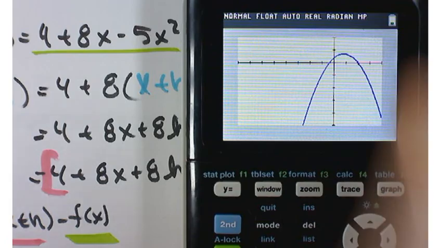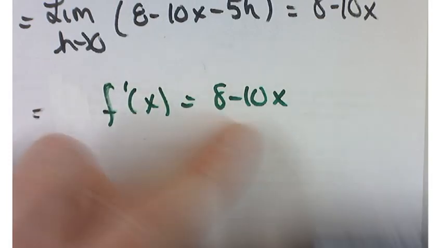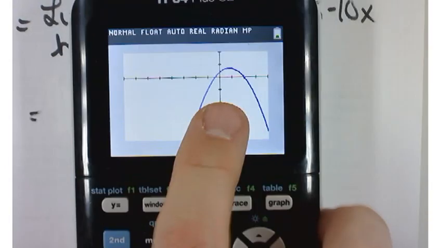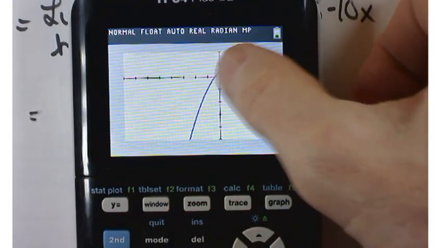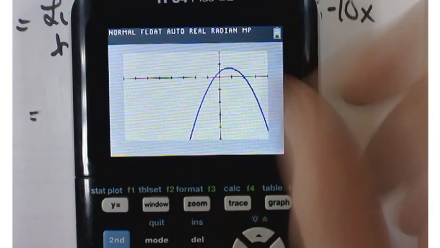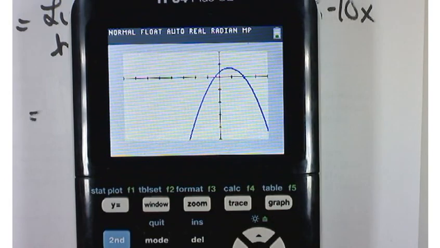Now, this tells me the slope of the tangent line at any point. So in particular, let's pick a point to the left of the y-axis. So, I don't know, pick a value for x. -2, -1. When you look at the slope of the tangent line, what would you expect about that slope?